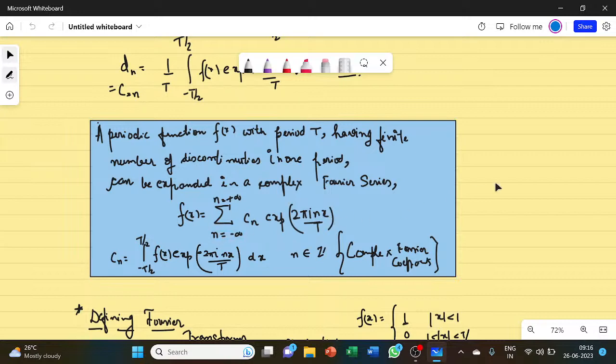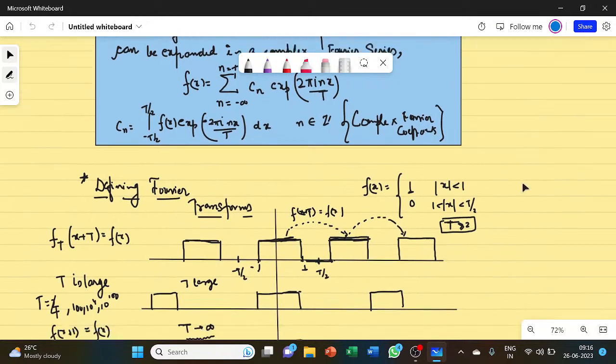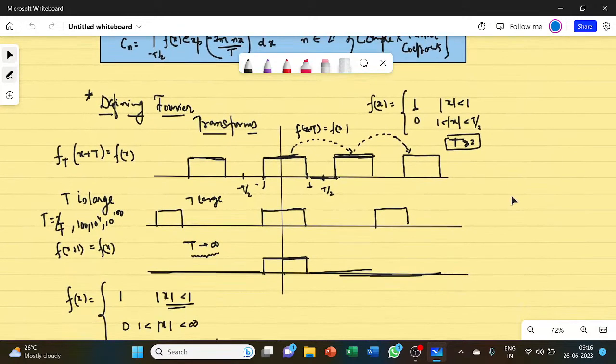Now the question arises: what should be the representation for an aperiodic function? Therefore, what we did was take T tending to infinity. We made our period as large as possible, and then we identified that the periodic function reduces into an aperiodic function.